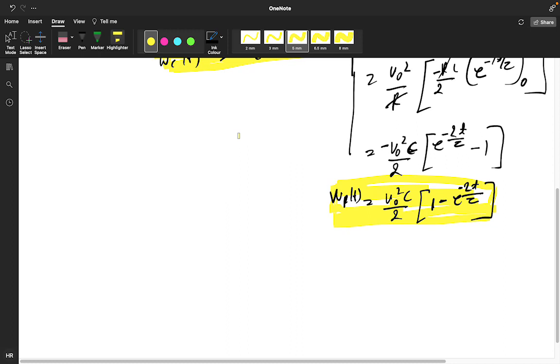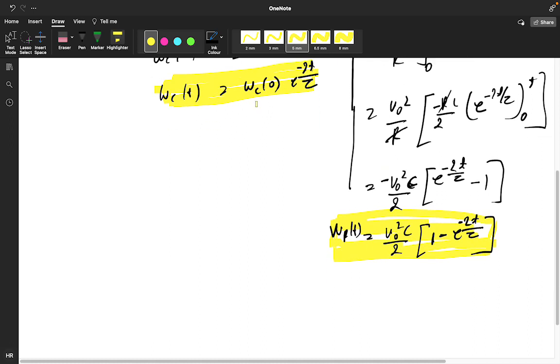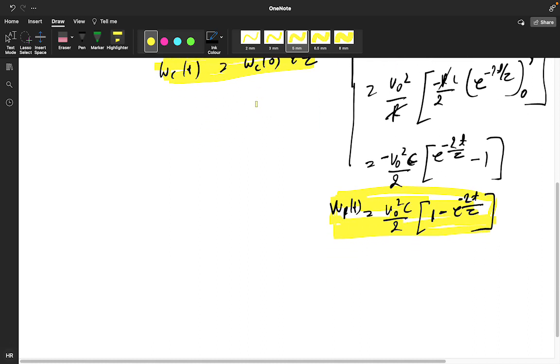You can write it like this also. Instead of half C V square, you can write WC0. So let me write it like this only: Wr of t is WC0 times 1 minus e power minus 2t by tau.